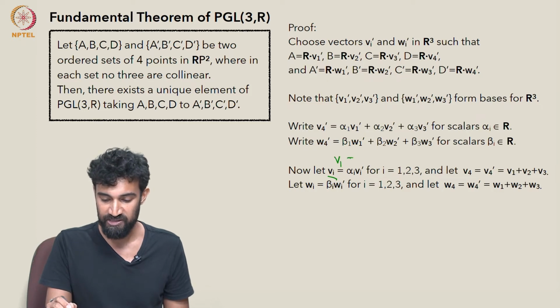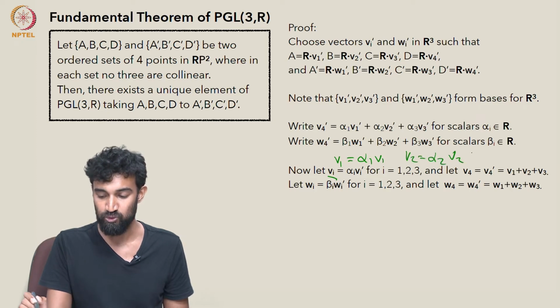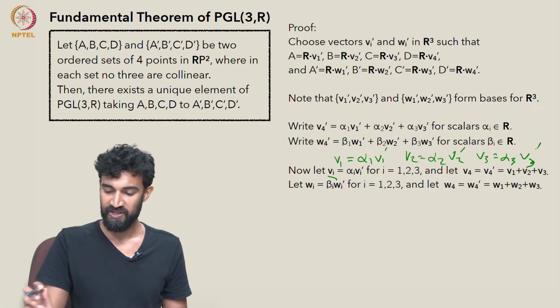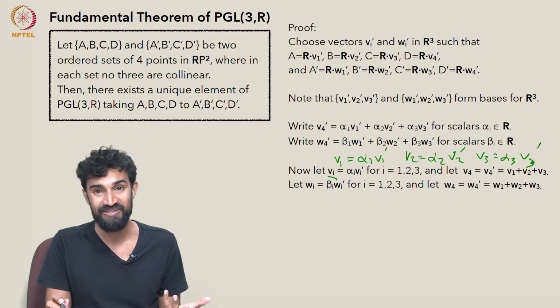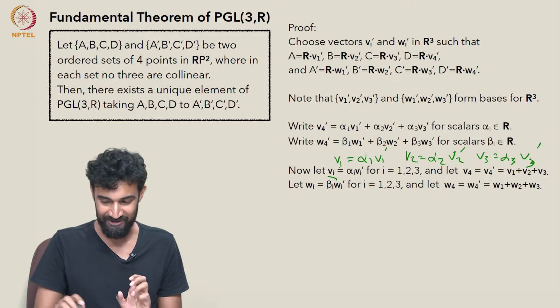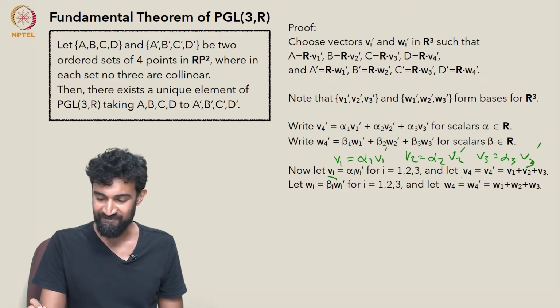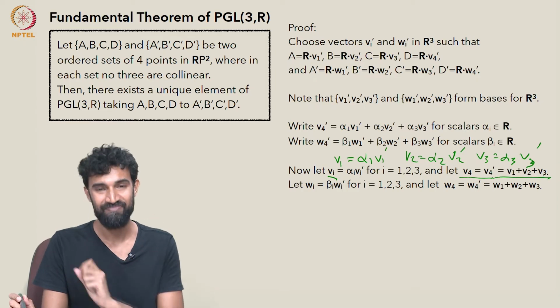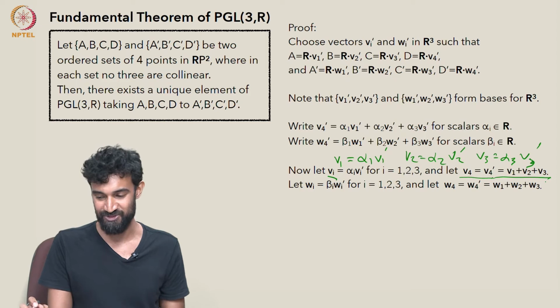In other words, v1 is alpha 1 v1 prime, v2 is alpha 2 v2 prime, and v3 is alpha 3 v3 prime. Why would we care about doing that? We've just scaled these a little bit here and there. But let's let v4 just be the same as v4 prime, which is just v1 plus v2 plus v3. No scalars, it's just the sum of those 3 vectors now.